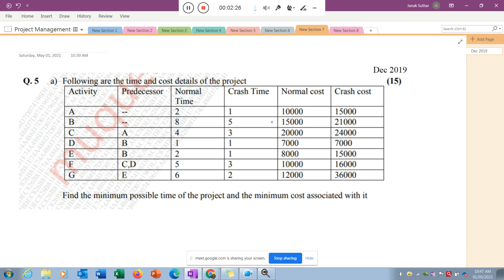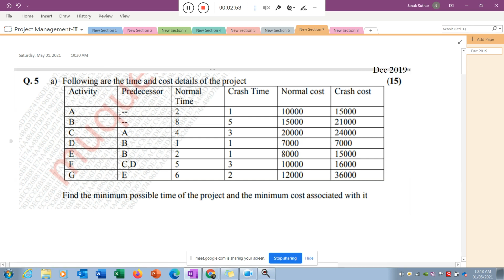The time unit can be given in weeks, days, or months. So if you reduce a particular activity by one unit time period, the slope tells you how much the cost will increase. That's why in the first stage we need to calculate the slope related to each activity.